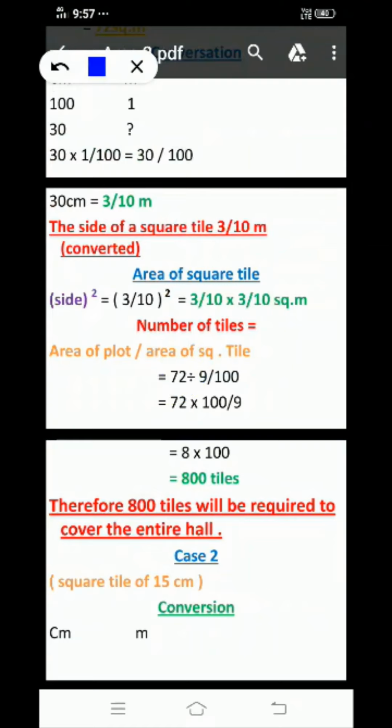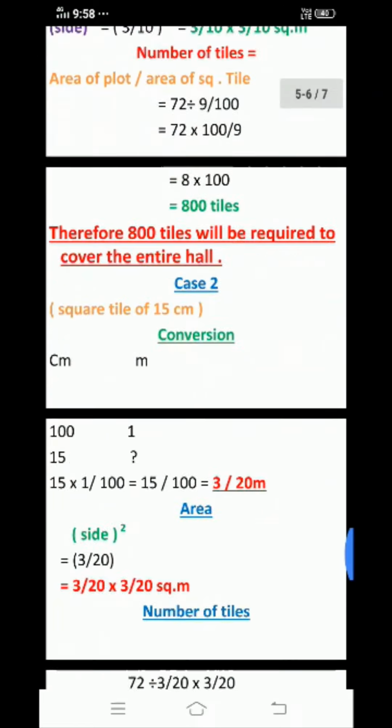So 72 divided by 9 upon 100 means multiply by 100 upon 9. 9 eights are 72, so 8 into 100 becomes 800 tiles. 800 tiles will be required to cover the entire hall.